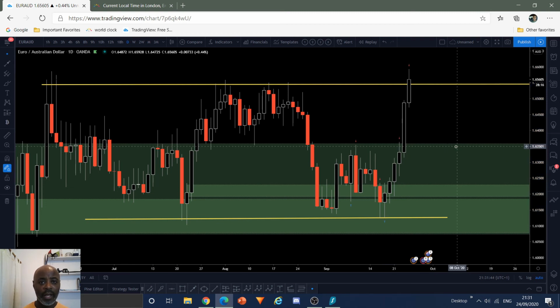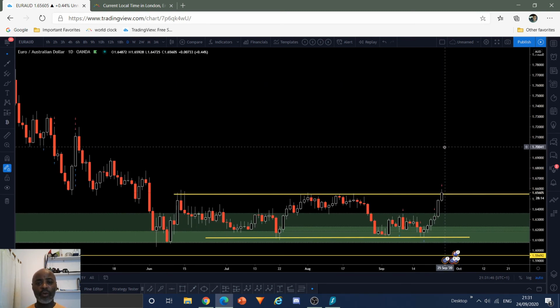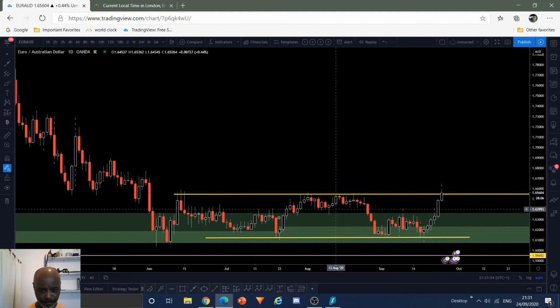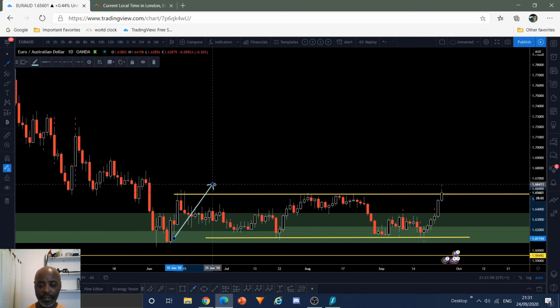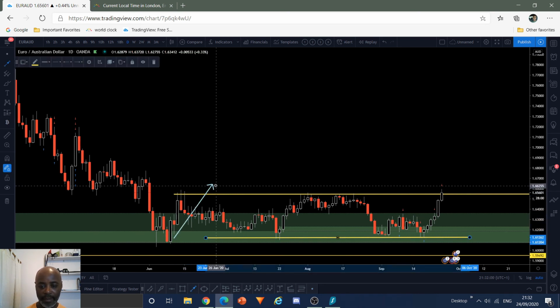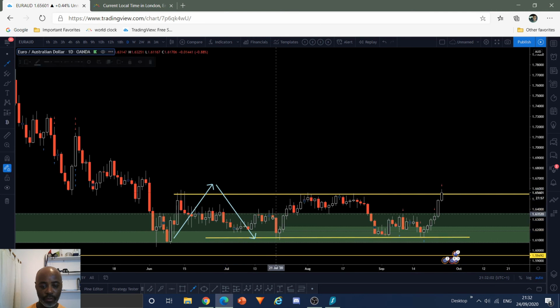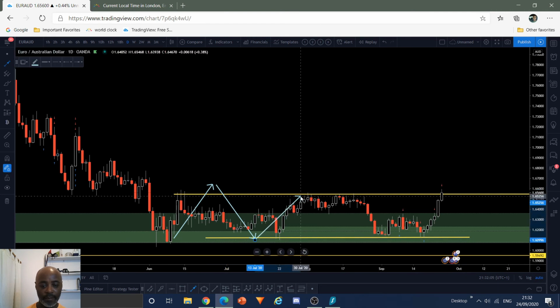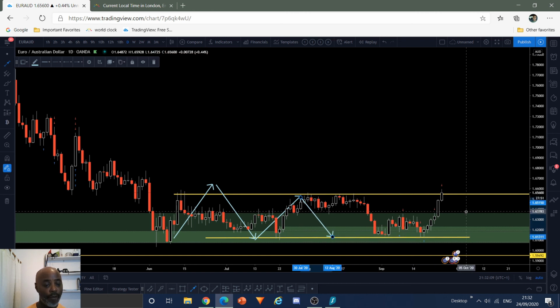So the question you may ask me now is, how do I feel about the Euro Aussie dollar? The truth of the matter is that if I look at this pattern that's played out in this channel, I would say that there is potential for another down move.